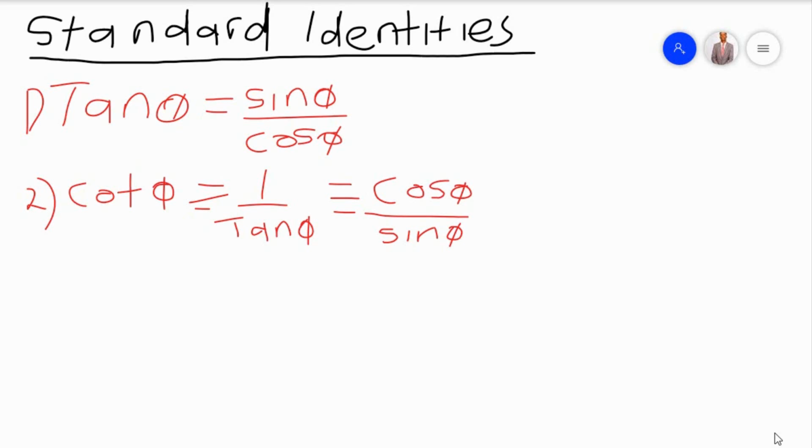Where did I get this? I know that tan theta is exactly identical to sine theta over cos theta. I can say 1 over tan theta is equal to 1 over sine theta over cos theta. If I solve this, I'm going to get cos theta over sine theta, which is exactly identical to cot theta.